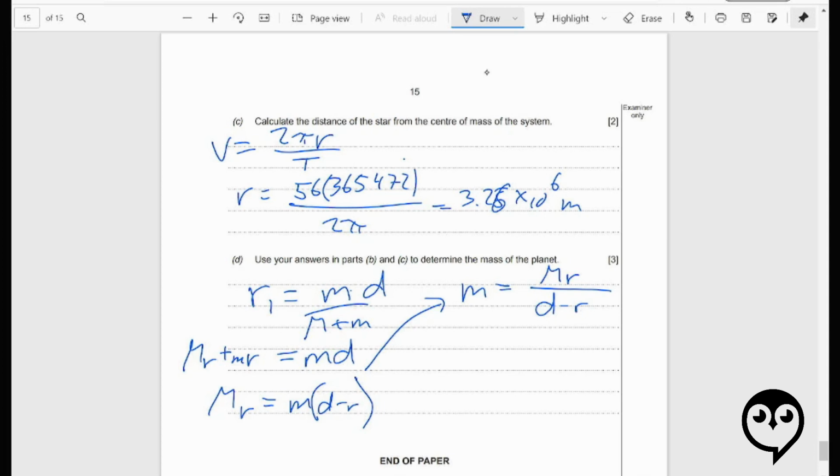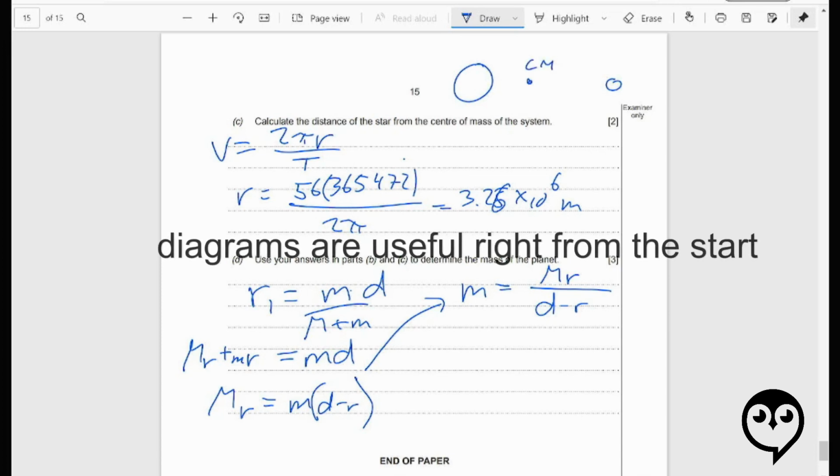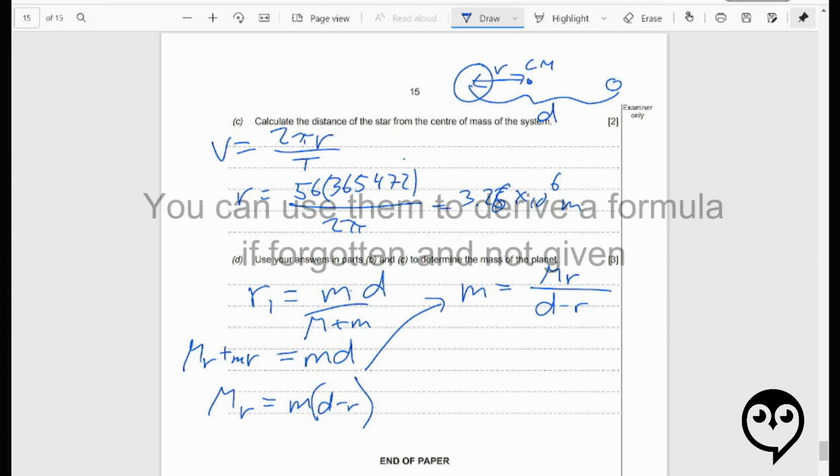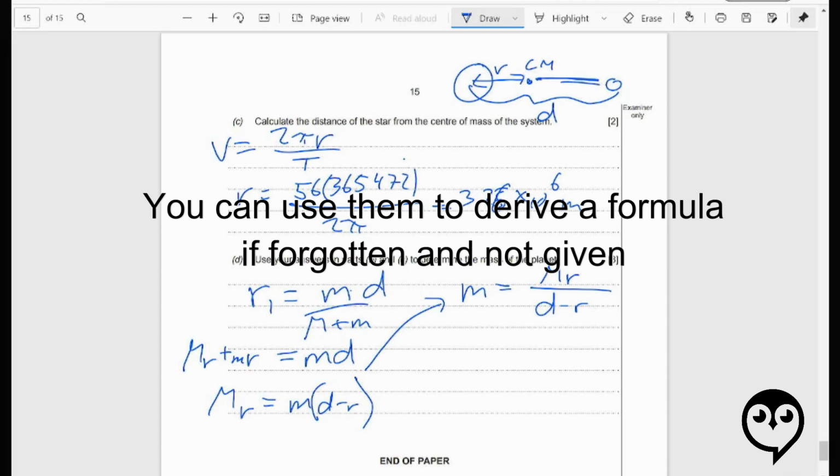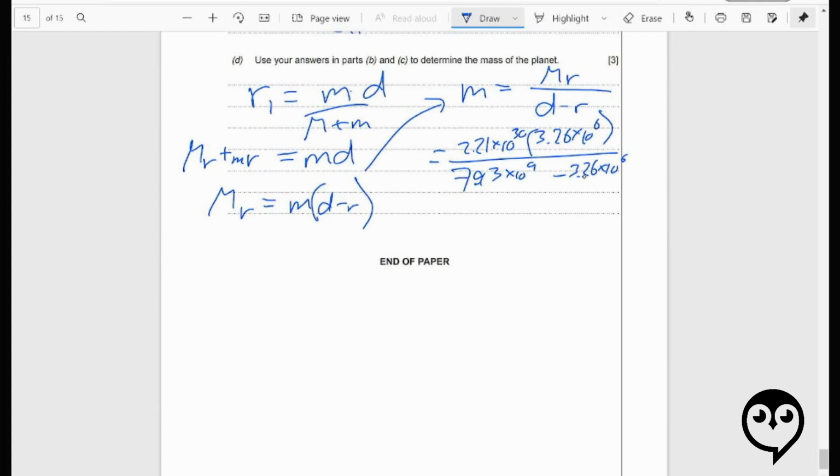And if you think about this system, here's the center of mass. This whole thing here is d, and this little bit here is r. So we're dividing by this difference here, because it's a ratio of mass to distances, isn't it? Okay. You might think, hey, that's insignificant, but perhaps not.